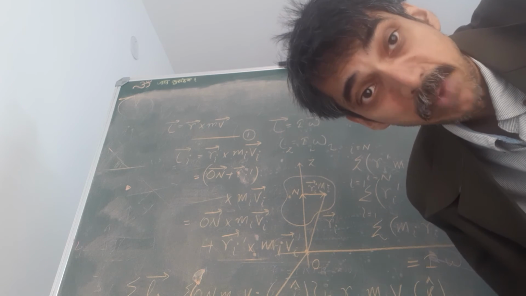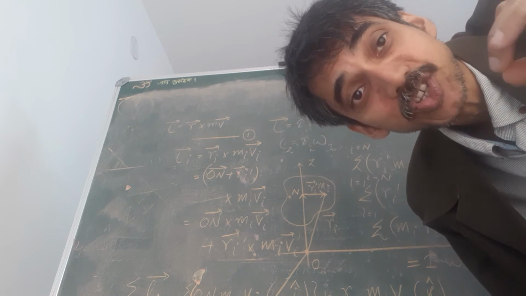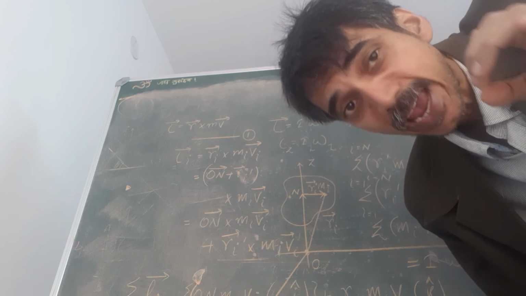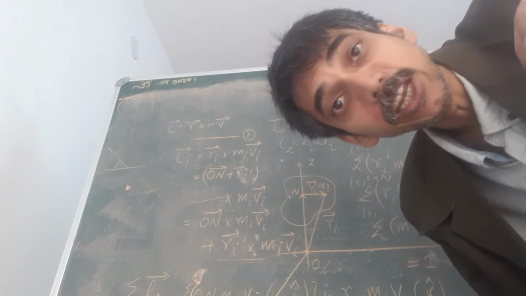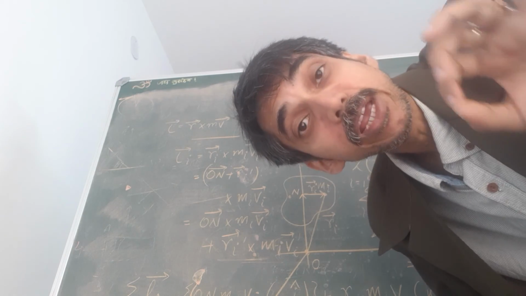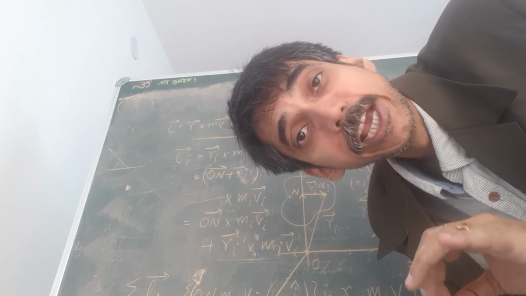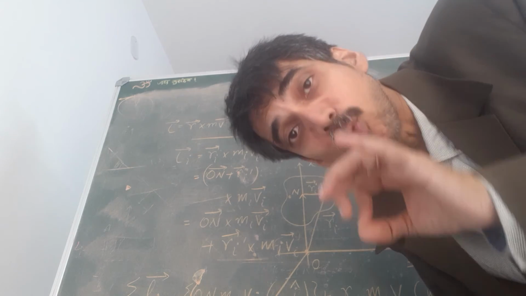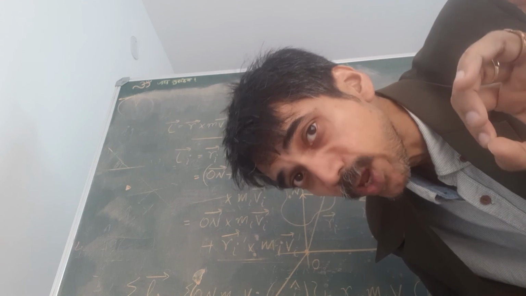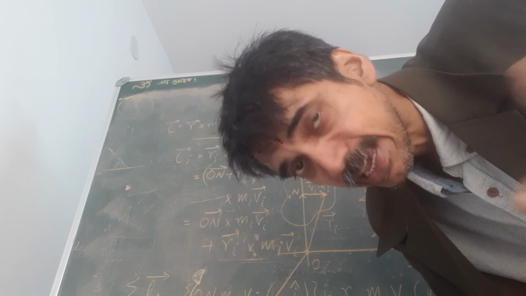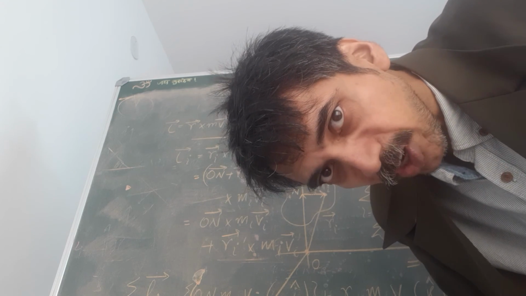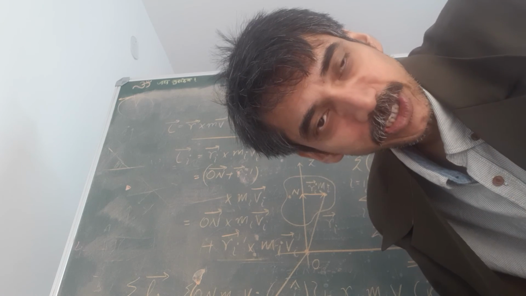We can make that claim if Lx and Ly are individually 0. If Lx is 0 and Ly is 0, then as we have got only Lz, it can also be treated as a vector quantity.